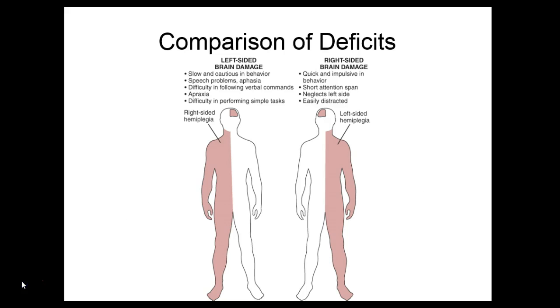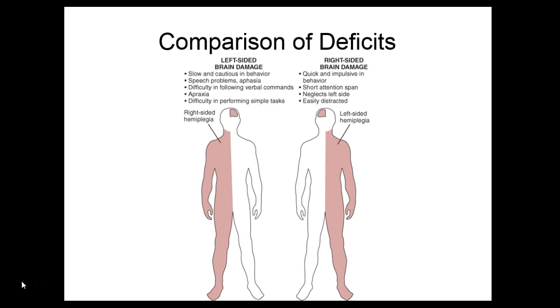If the patient has left-sided brain damage, they will have slow, cautious behavior. They may have speech problems, aphasia. They have difficulty in following verbal commands. They have apraxia and difficulty in performing simple tasks. And they have right-sided hemiplegia. So if they have left-sided brain damage, they have right-sided hemiplegia.